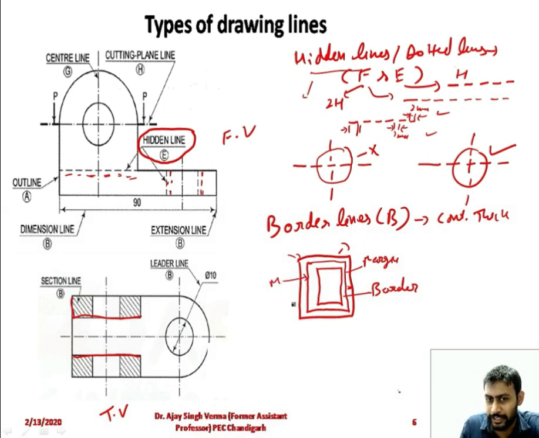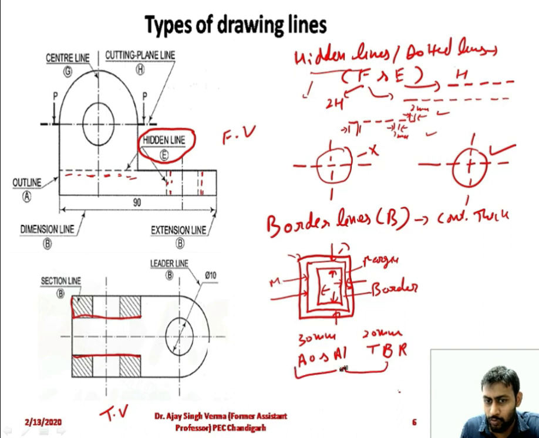The prints are defined from the margin. From this margin to this distance is 30 mm for A0 and A1 sheets, and from the bottom margin to border line, from the top, and from the right hand side margin to border line, this distance is 20 mm for A0 and A1 sheets.